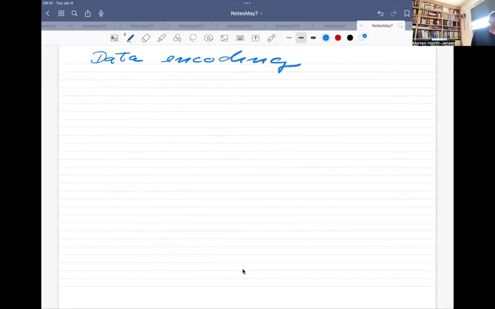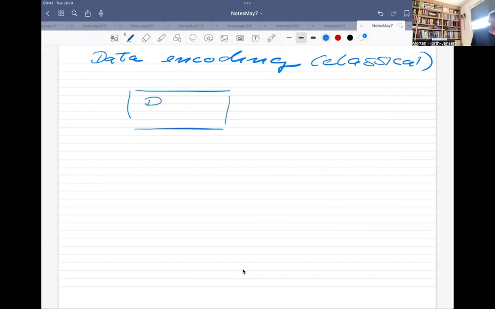if we look at this from a classical point of view, what we will have is the data which we are going to feed in. So this is our data set. And typically we have some input x.